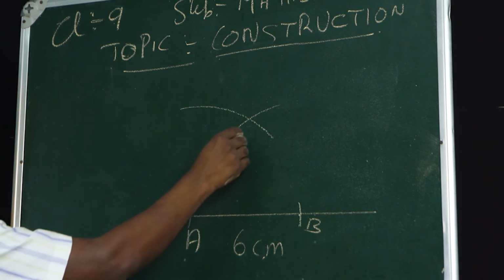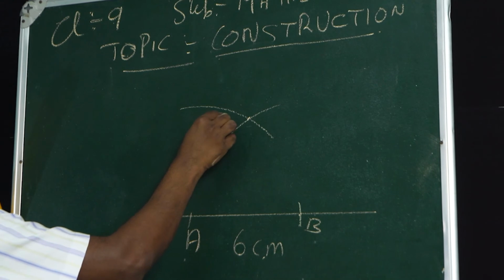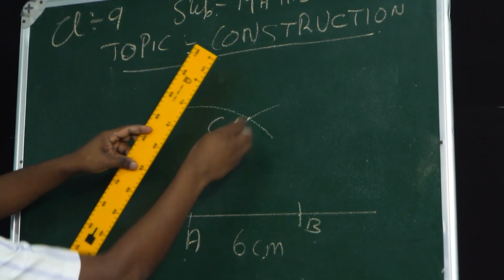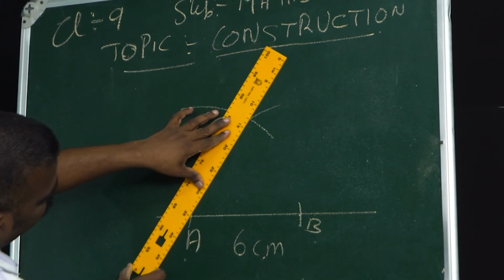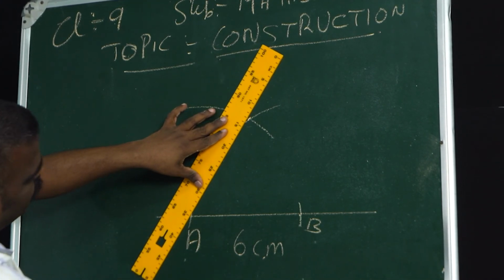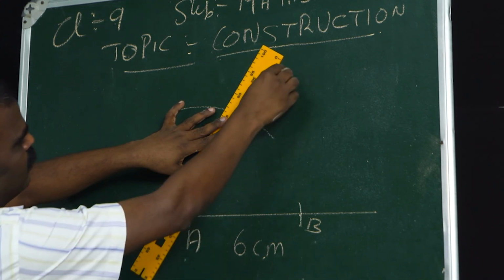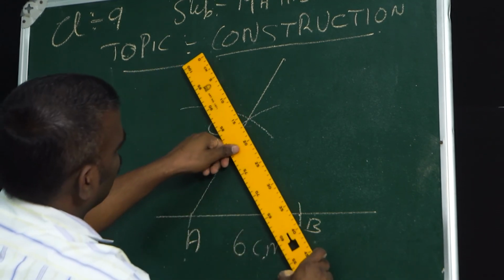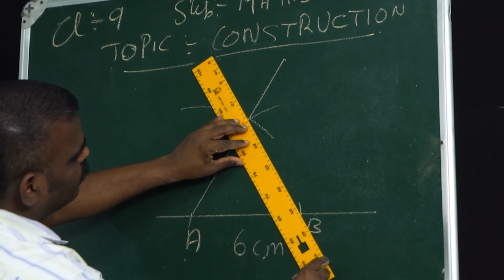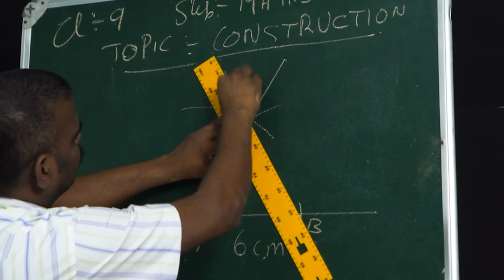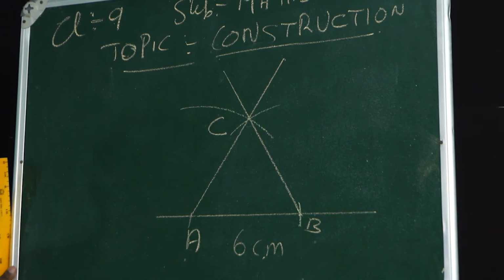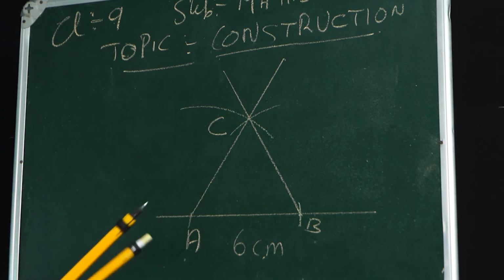Now, where both arcs intersect, give the name C. Point A and point C are joined. Again, point B and point C are also joined. Now, an equilateral triangle means all the sides are equal, yes or no?